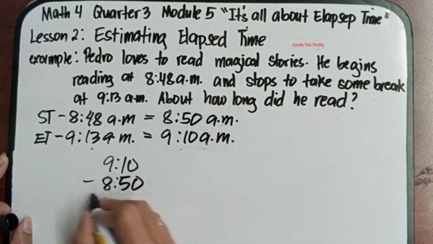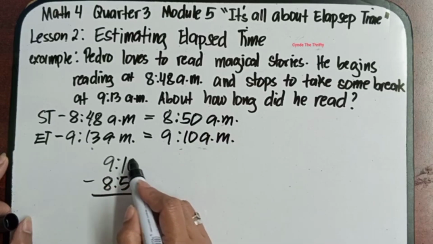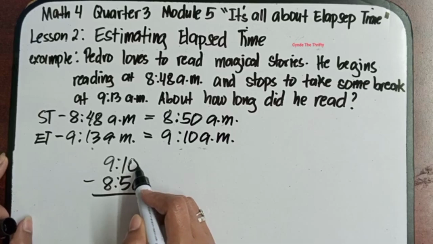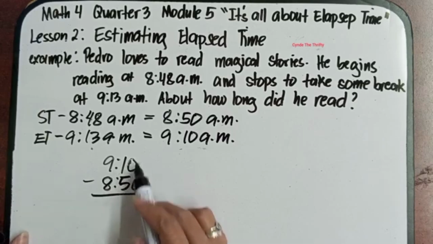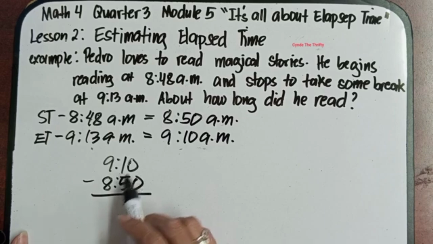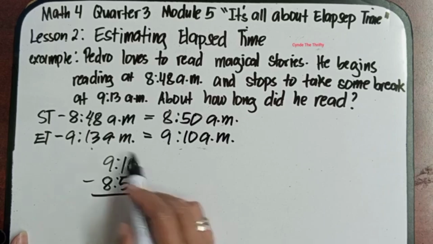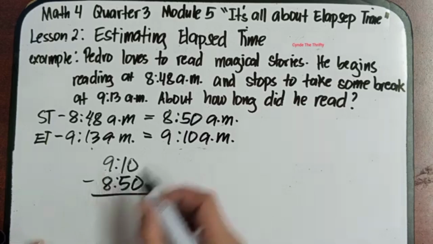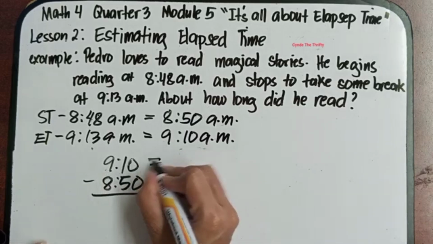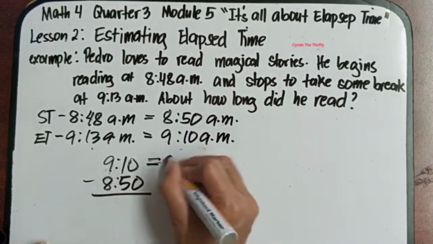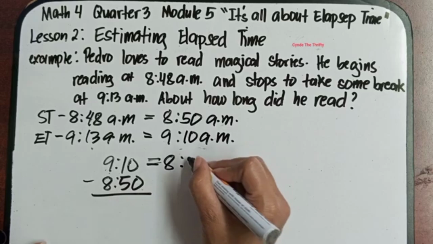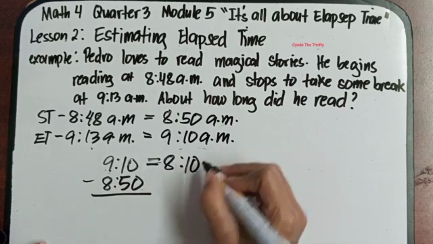So, ano yung gagawin natin dito? Dahil ang minutes natin dito sa ating minuend, mas maliit kaysa sa ating subtrahend. So, mas maliit si 10 compare kay 50. So, ang gagawin natin is si 10 mag-borrow ng 1 hour kay 9 hours. So, magiging, si 9 hours is magiging 8 hours. Pagkatapos si 10 minutes is dadagdagan natin siya again ng 60 minutes.